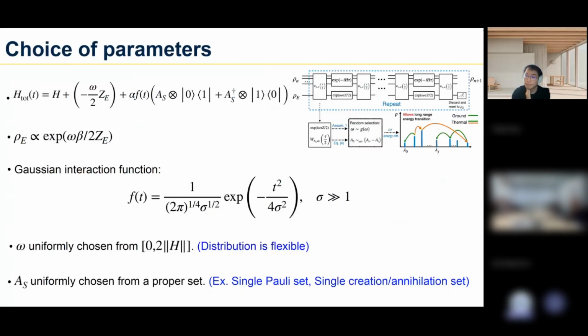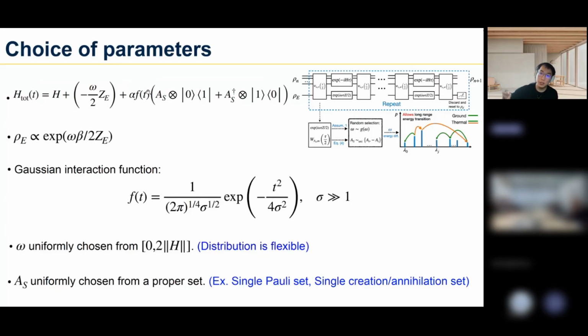From the interaction picture, I think the A_S corresponds to the jump operator if you prepare the corresponding Lindbladian for this, by taking the Born approximation, right? No. First, in fact, I prefer to call A_S the coupling operator.